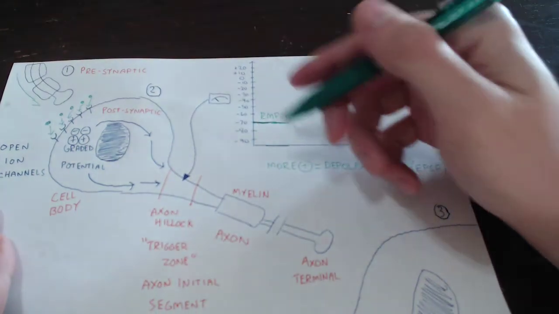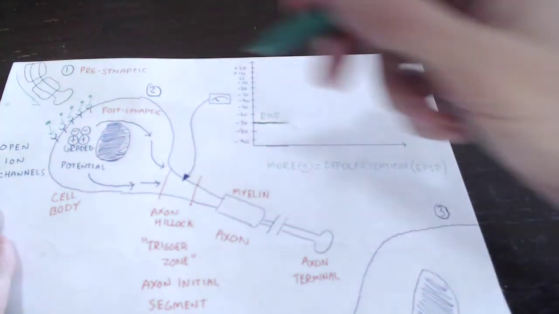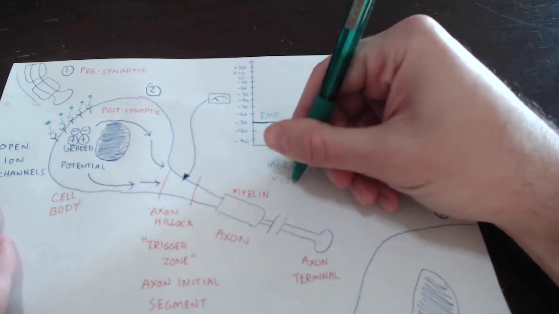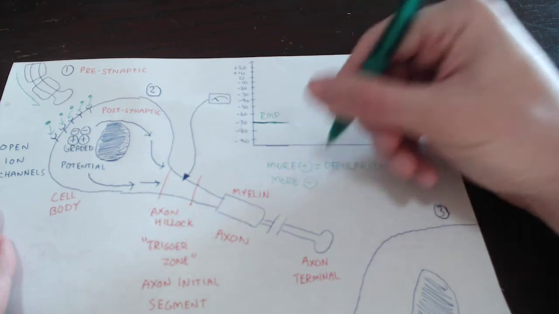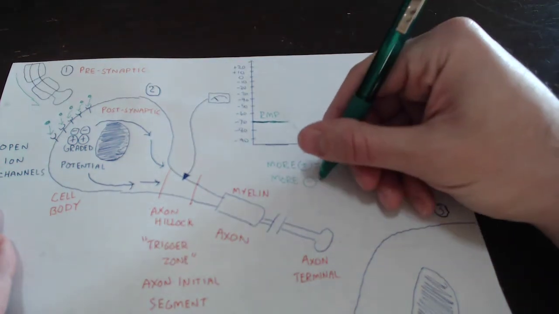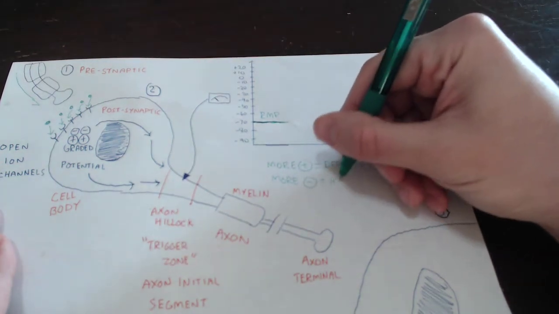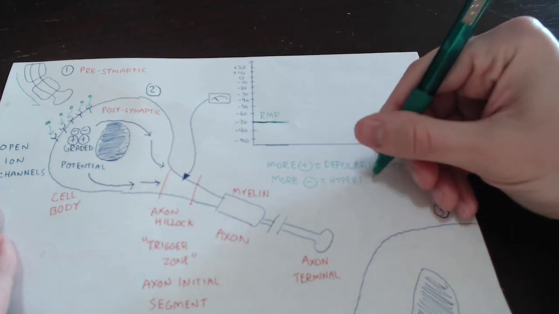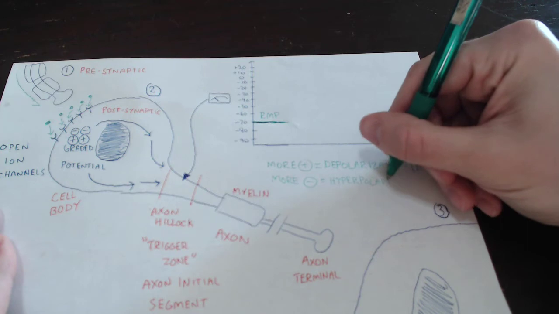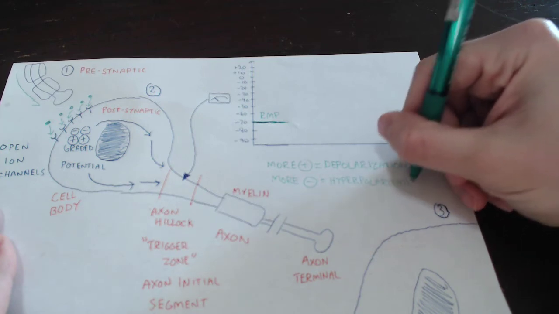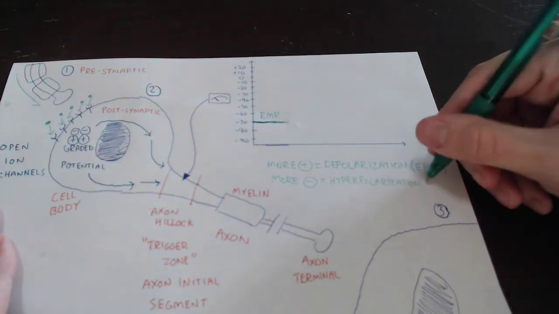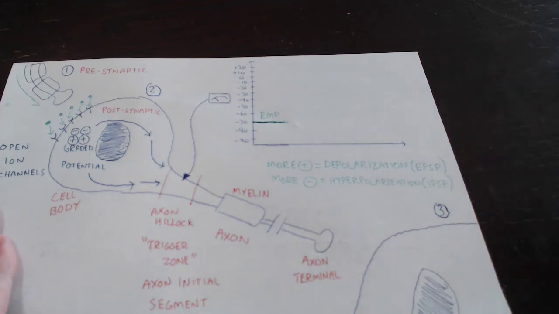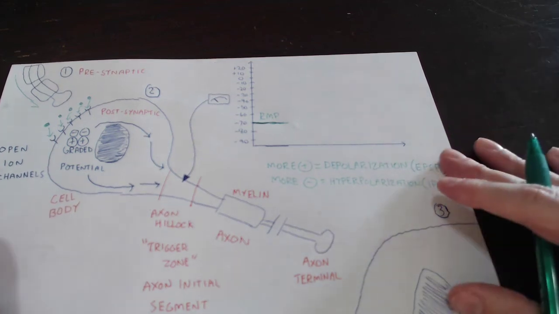If the graded potential coming from this neurotransmitter causes the inside to become even more negative than it already was, and keeping in mind it was already pretty negative, we call this hyperpolarization. And the type of graded potential that gives you hyperpolarization is called an IPSP, or an inhibitory postsynaptic potential.